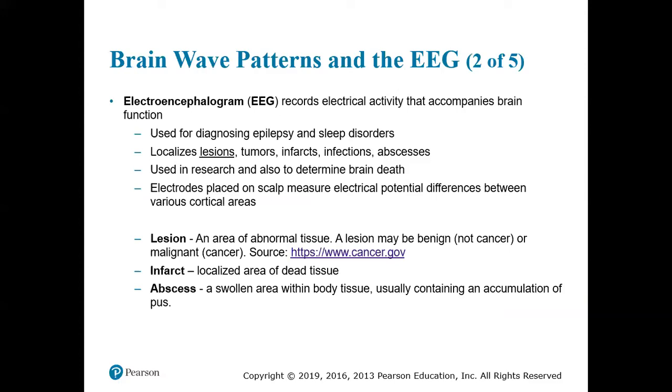They're very similar in terms of meaning. Now, an infarct is a localized area of dead tissue. An abscess is a swollen area within body tissue, usually containing an accumulation of pus. So these are some terms I decided to throw in.